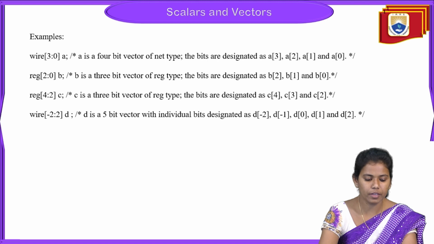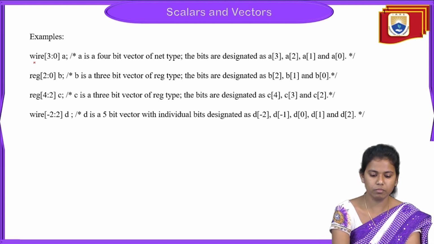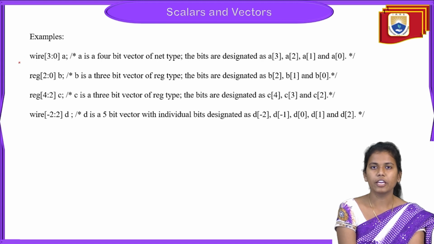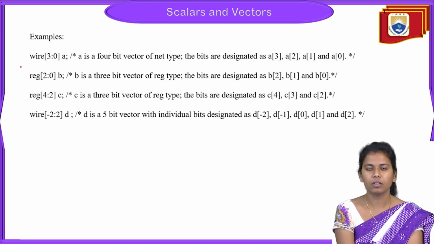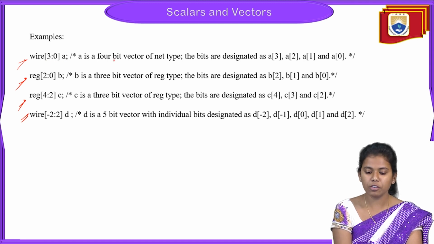Example, if you observe here, we have a wire. In this particular example, we are representing wire and register. For this wire [3:0], these two are the vector range for A. So what does it say?